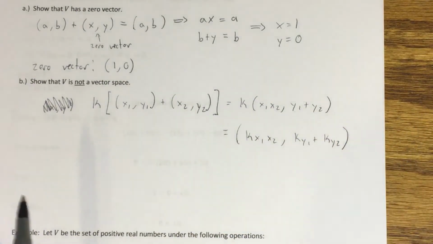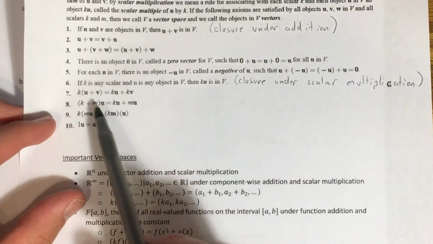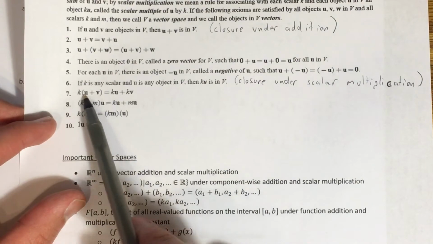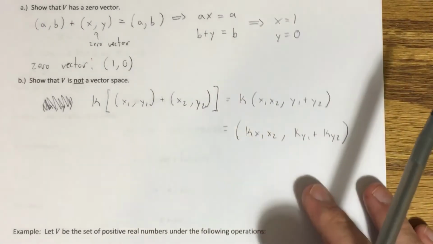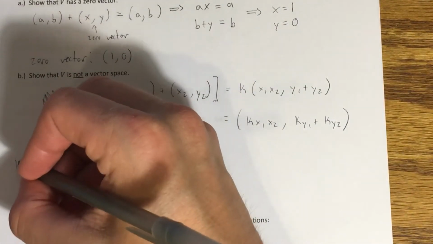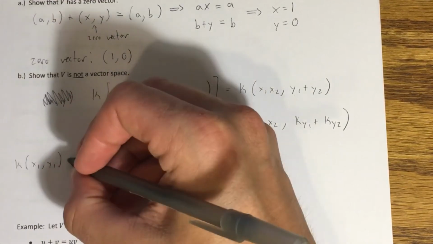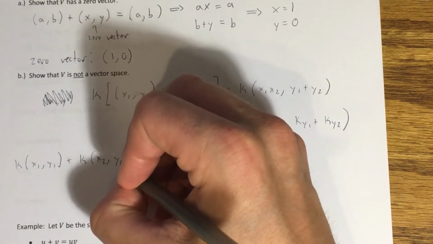If I want to show that this thing is not a vector space, I'm going to show that this axiom fails. I've computed this side. I need to show that this side comes out to something different. So what if I were to evaluate separately k times x1, y1 plus k times x2, y2.